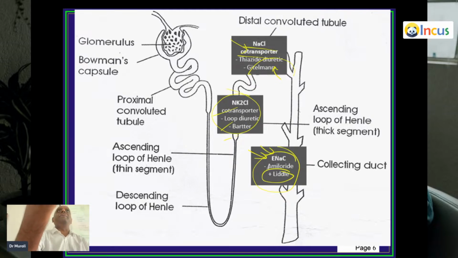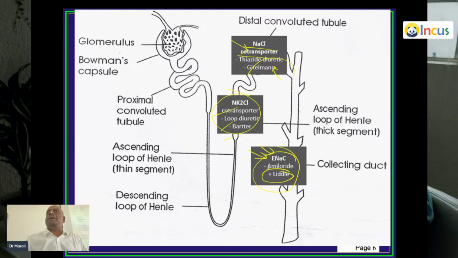Without aldosterone coming and asking them to open, genetically because of the mutation. What is that kind of mutation which will keep something activated? It's called gain of function mutation. What is that mutation which will inactivate something? It's called loss of function mutation.